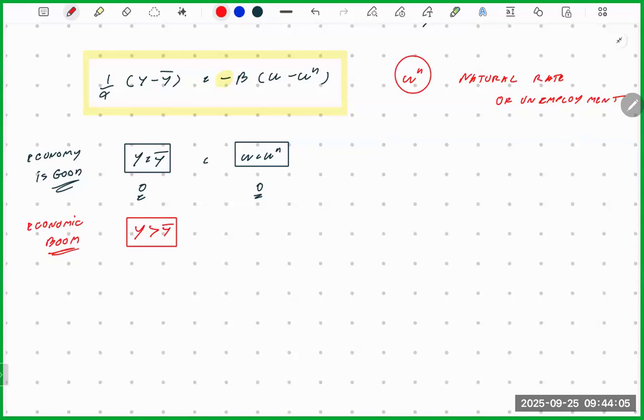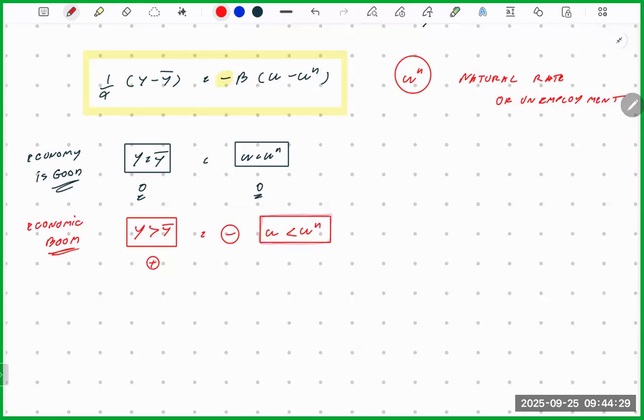The left-hand side of the equation is positive, which means the right-hand side is supposed to be positive too. However, focus on the front of the bracket of U. In front of the bracket we have minus beta, so we have a minus in front of the bracket, which means inside the bracket U needs to be less than UN.